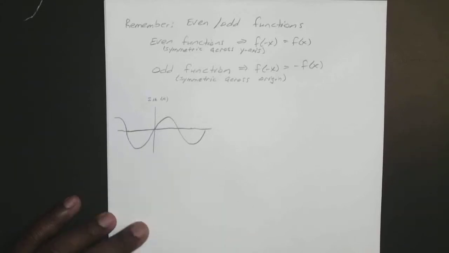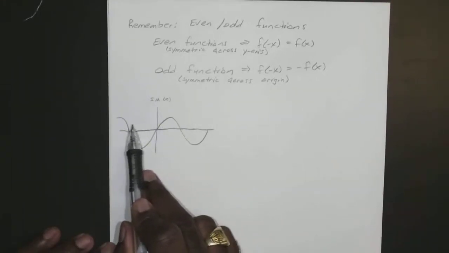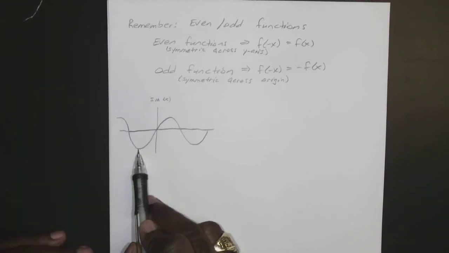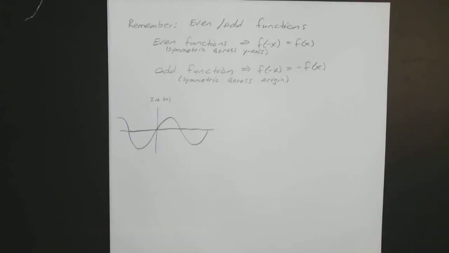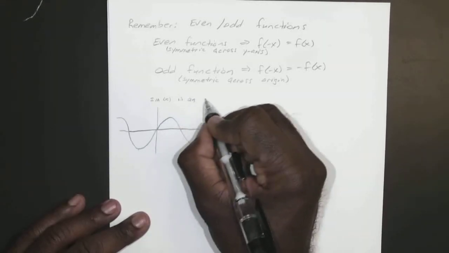So if you just stop from here to here, it looks like if you flip it over the y-axis and then flip it again over the x-axis, it will be symmetric. So sine is actually an odd function.